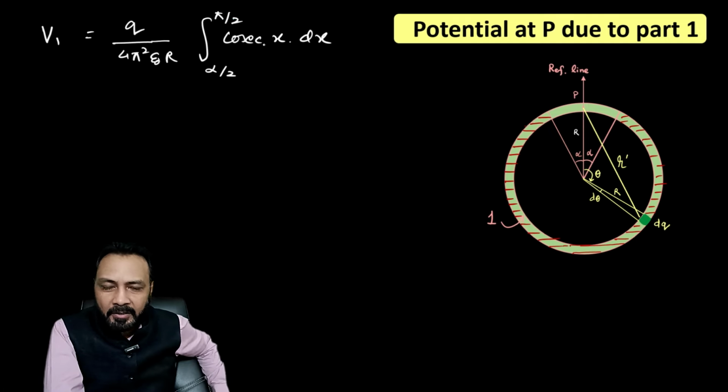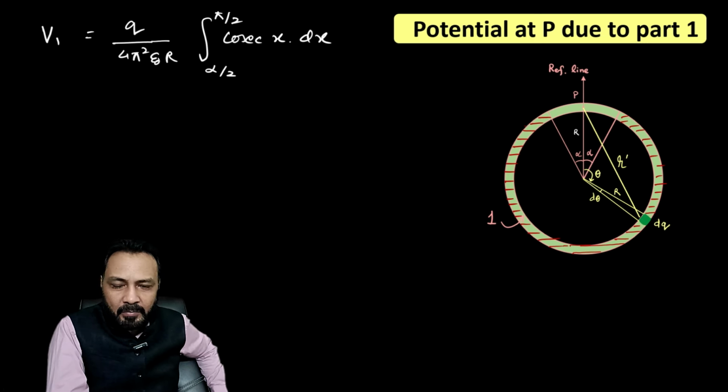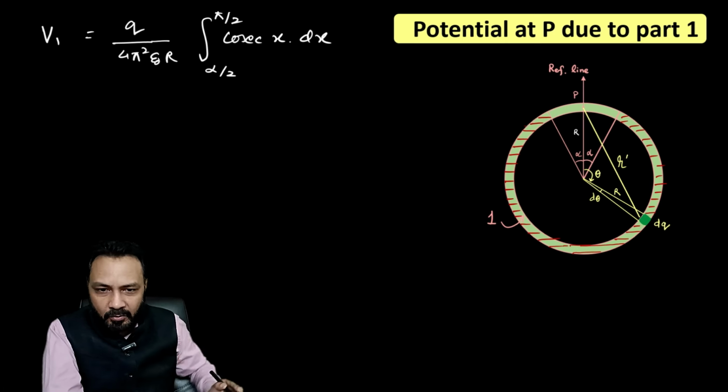I am directly writing this integration. This can be done using integration by parts, or you can just multiply numerator and denominator by cosec x plus cot x. Then you can see that the numerator is the negative of the derivative of the denominator, so the integral will become minus ln of cosec x plus cot x.